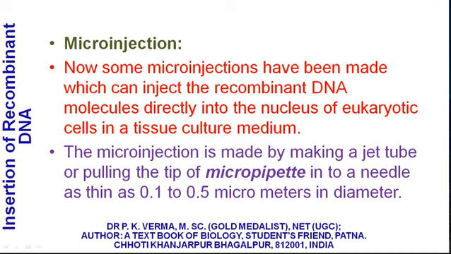Normally the jet is prepared by heating a part of the glass tube and drawing the two sides away very gently so that a very thin thread-like structure is formed and finally it is broken. Its tip is broken to form an injectable needle.